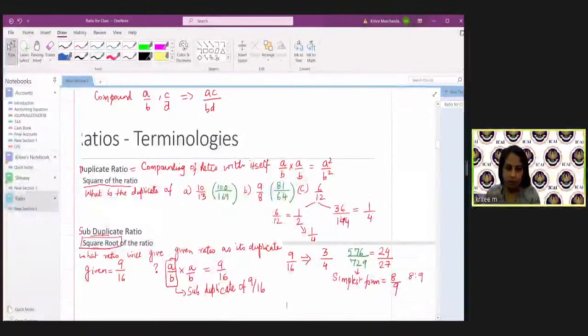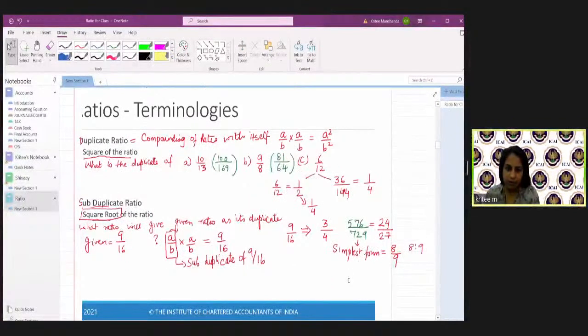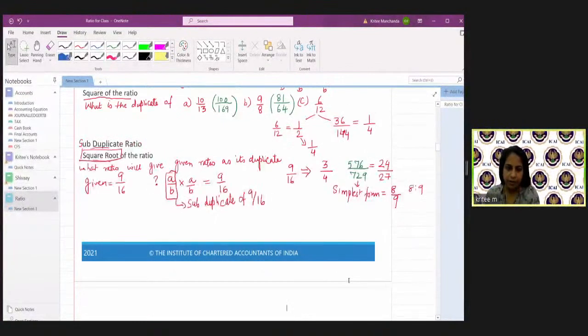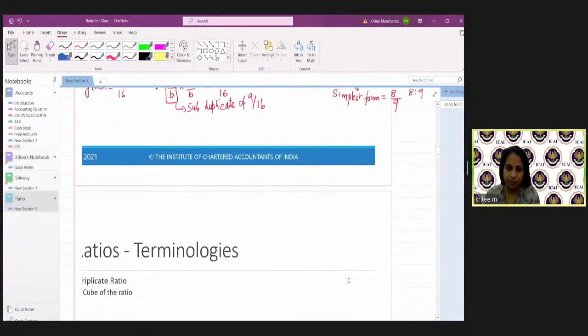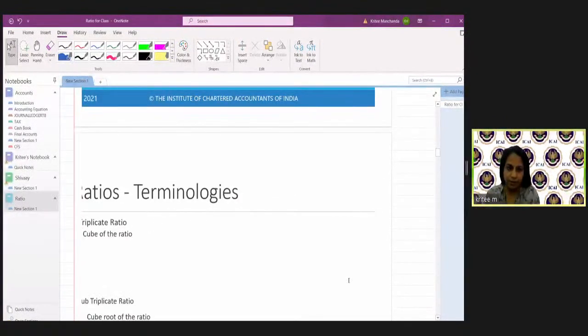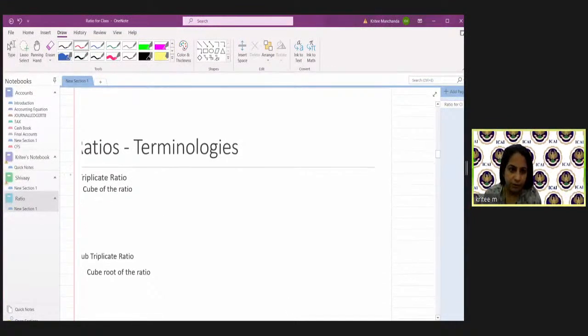If we are thorough with duplicate and subduplicate, a related concept is triplicate and subtriplicate. Okay, we talk about triplicate here. Once again, triplicate ratio says compounding of ratio itself, but thrice.